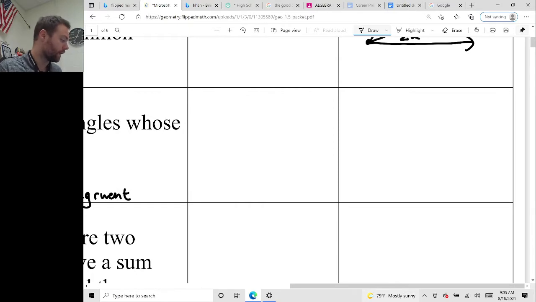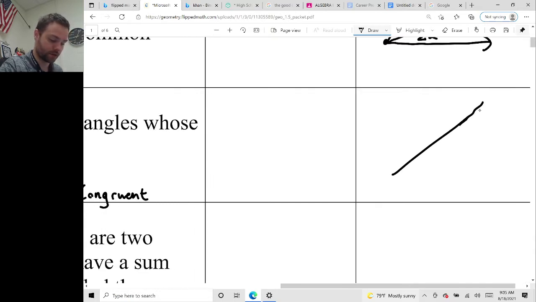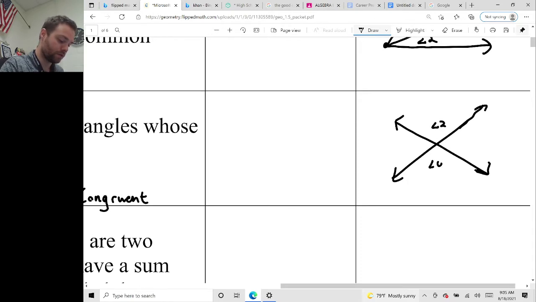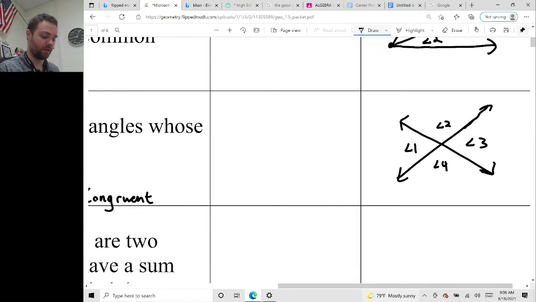Let's take a look at an example. So let's say I've got two lines. One line goes this way. One line goes this way. And I've got angle 2, angle 4, angle 1, angle 3.